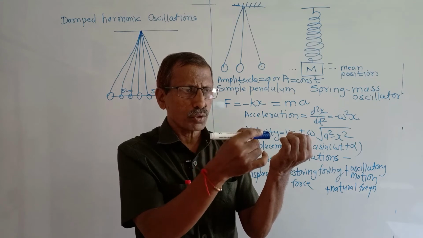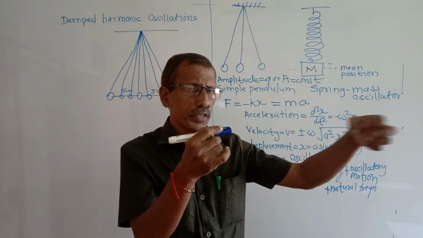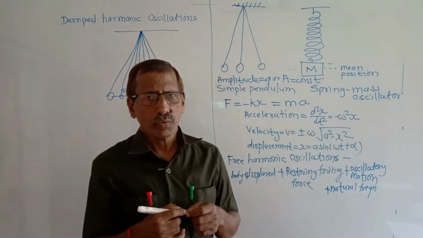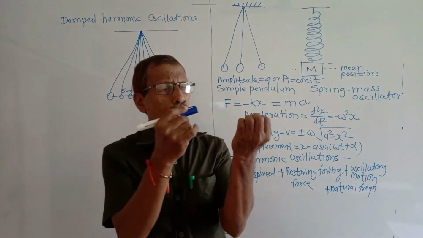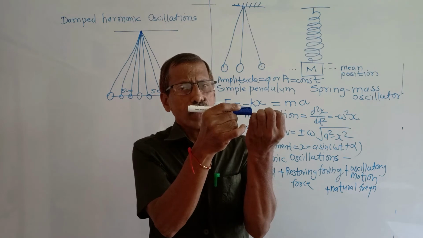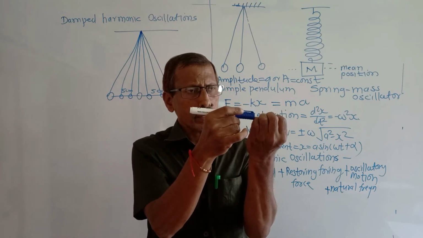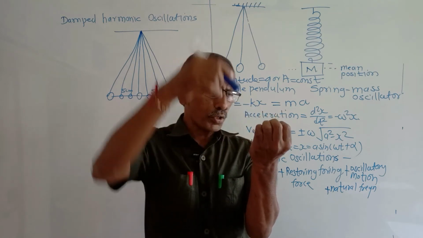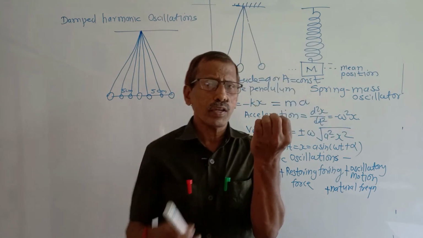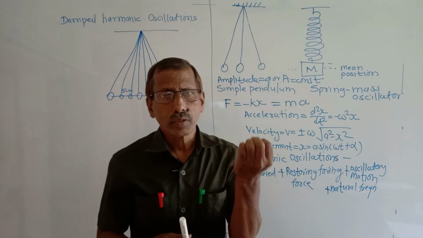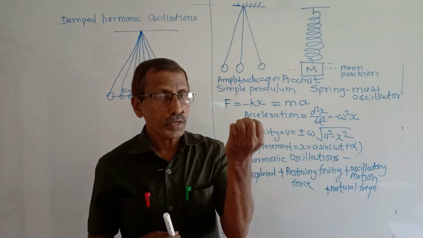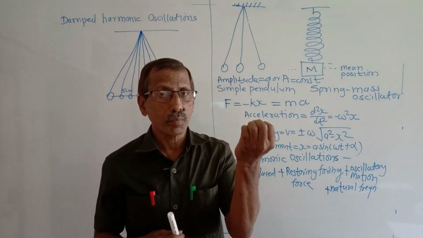But what will happen when we apply a force on the body on this side and the same force on the opposite side? The resultant force acting on that body is 0, so the body is in equilibrium. The body does not move.